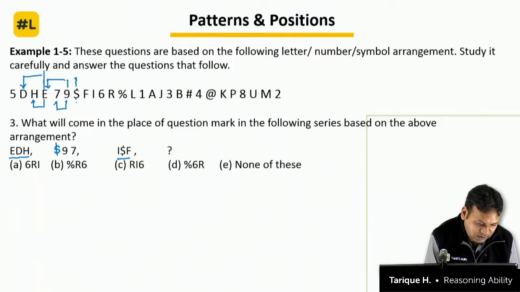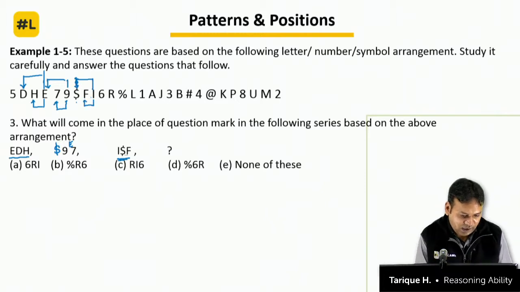So 9E7, from this we go 1 forward again, $F. Again we are going back 2, and then 1 back we get F here. So we get $F. So what should come next here? We have 6%, R and percent.